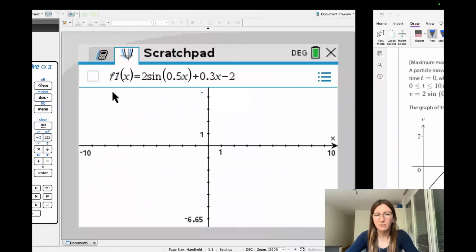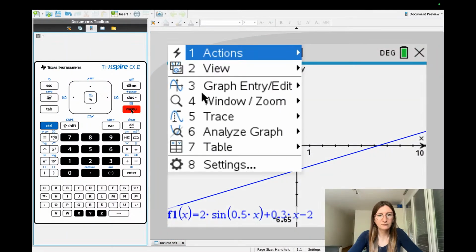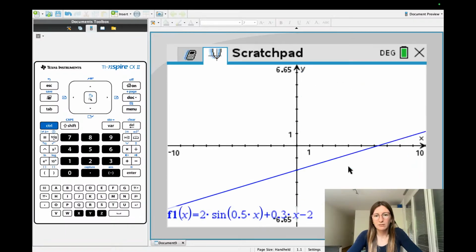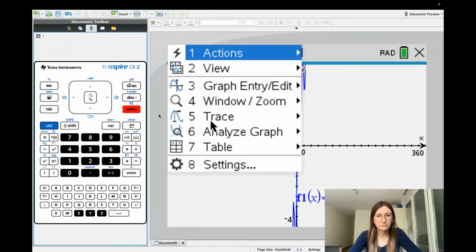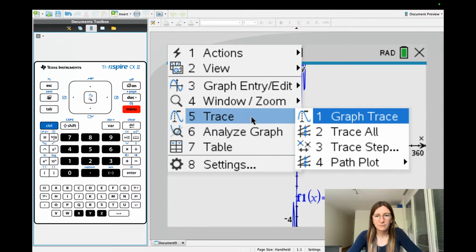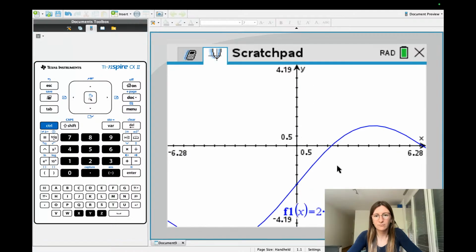Double check that I've got it correct. See, trig. Oh, fine. There we go.